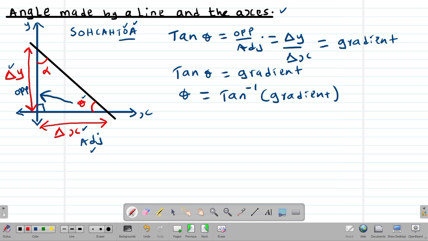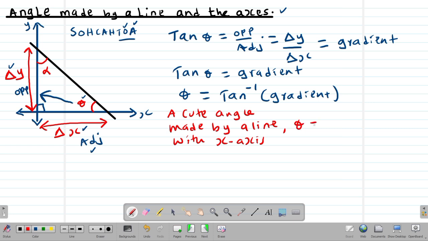Therefore, you can say that the acute angle made by a line with the x-axis, that is the angle theta, will be given by the tan inverse of the gradient. Remember, an acute angle is an angle which is less than 90 degrees. Therefore, this is the acute angle made by a line with its x-axis.